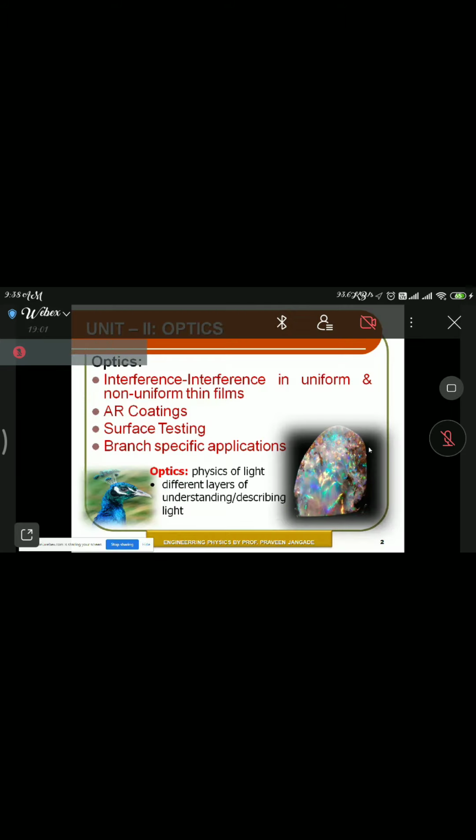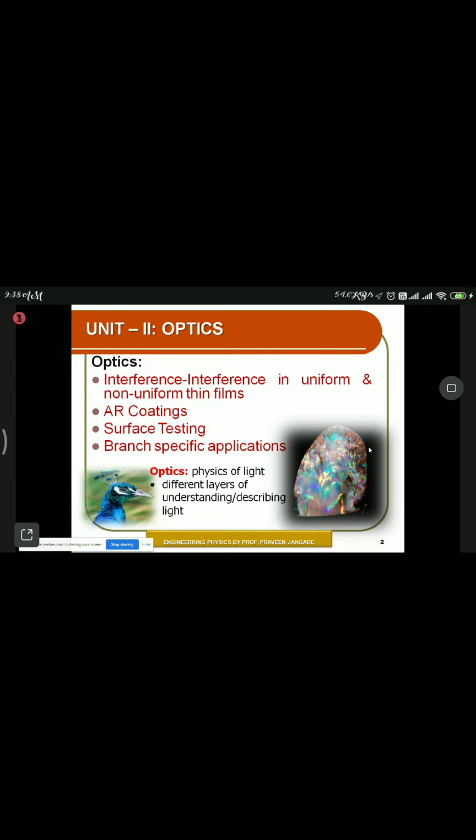As you know, light can be in different forms: it can be a particle, it can be a wave form. All these aspects of the nature of light, and different colorizations, we can study under optics. Therefore optics is called the physics of light.